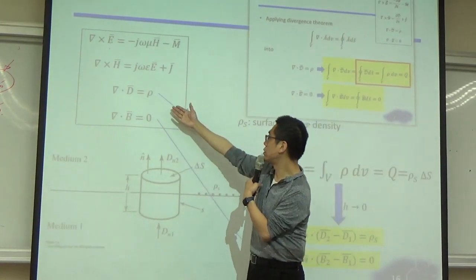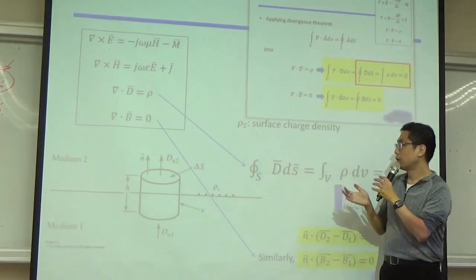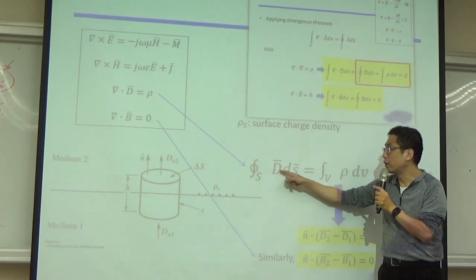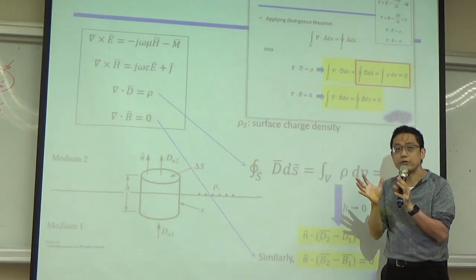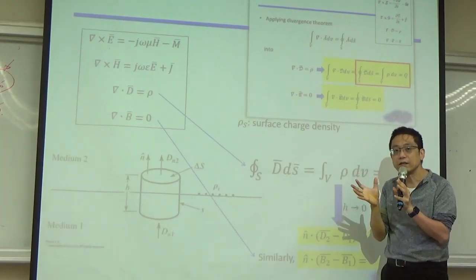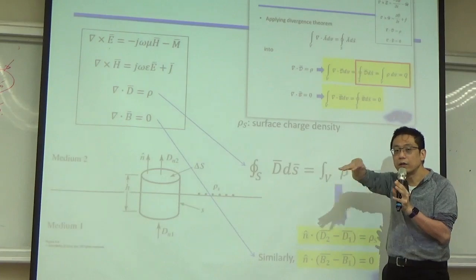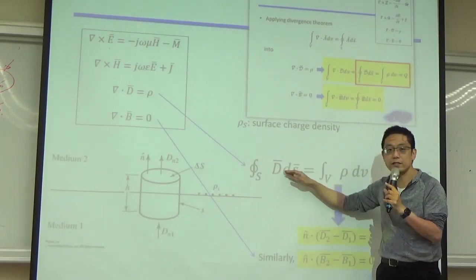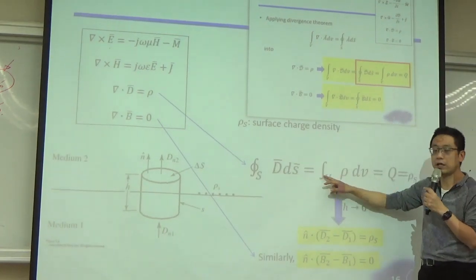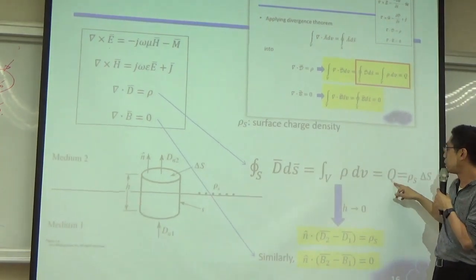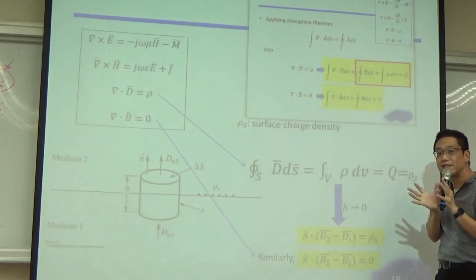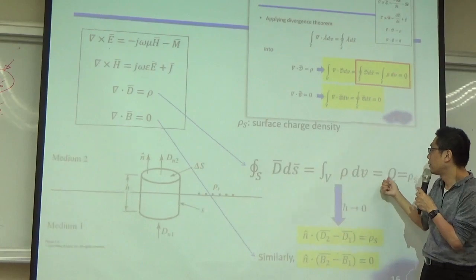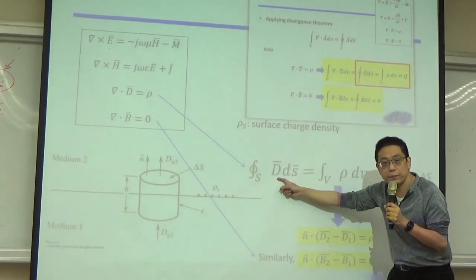According to Gauss's law, if I integrate our electric flux density over a closed surface, I will obtain the total charge inside this area. This is what Gauss's law tells us.